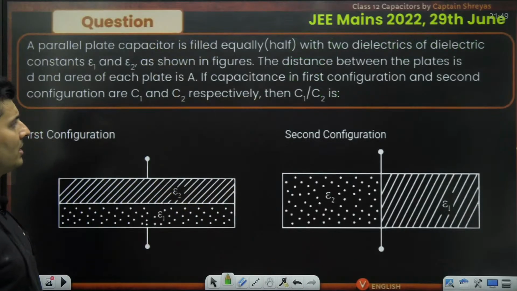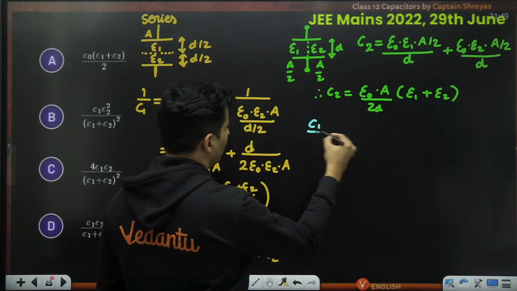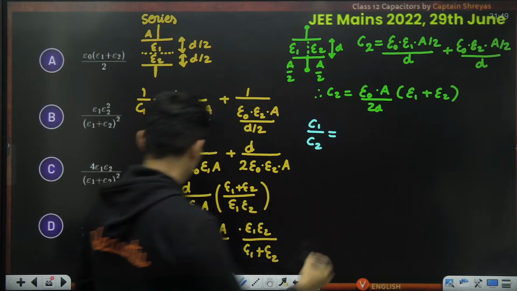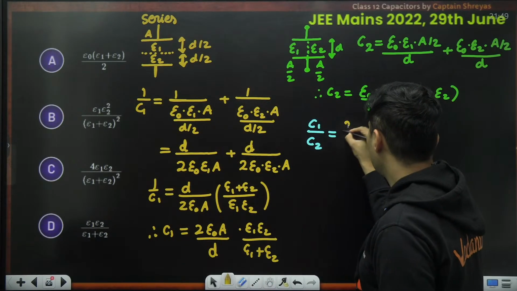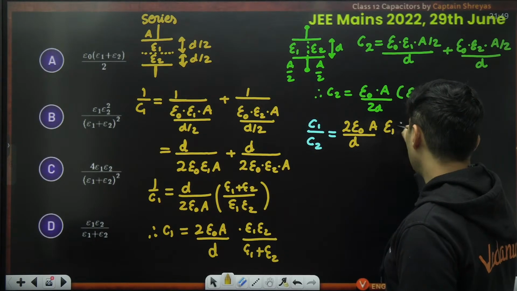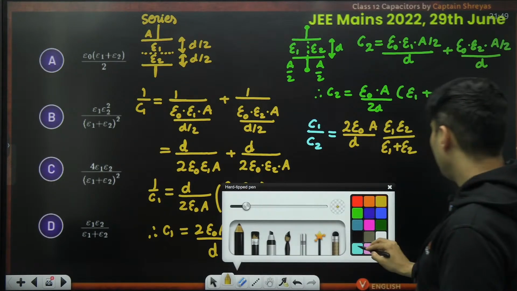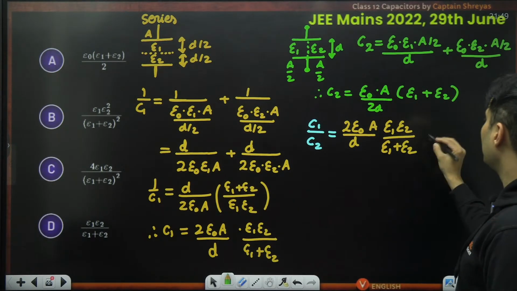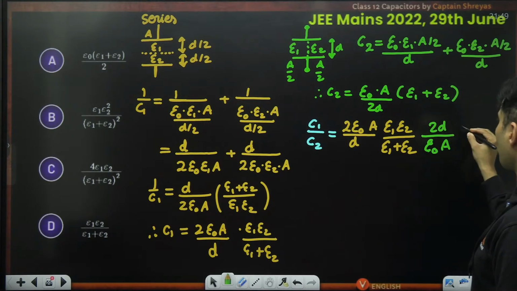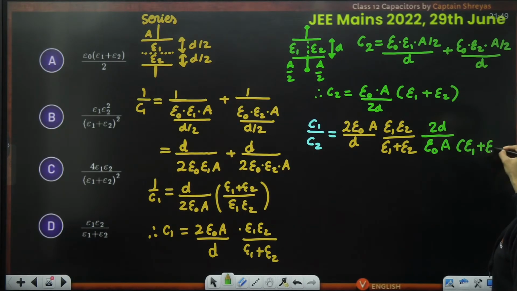And what is the question? The question is to find C1 by C2. They have asked for the ratio of C1 by C2. So take this and take that and just divide them. Taking this first, which is 2 times epsilon naught A by D, epsilon 1 epsilon 2 by epsilon 1 plus epsilon 2, divide it by this, which is epsilon naught A by 2D times epsilon 1 plus epsilon 2.